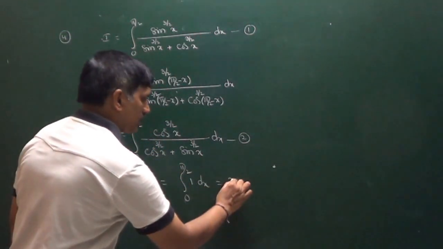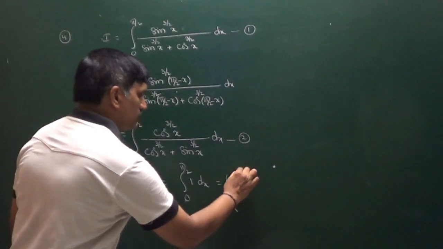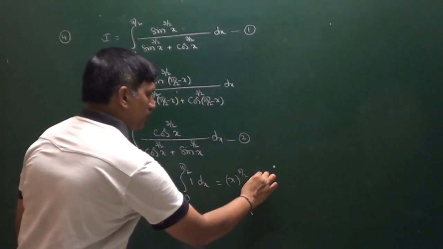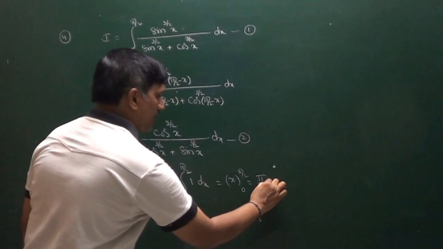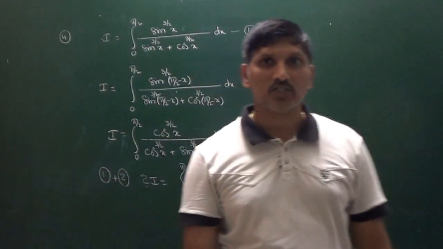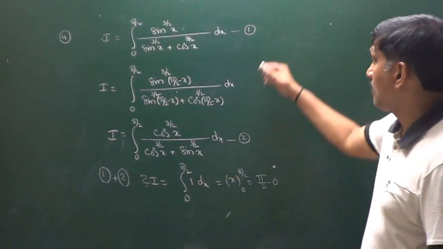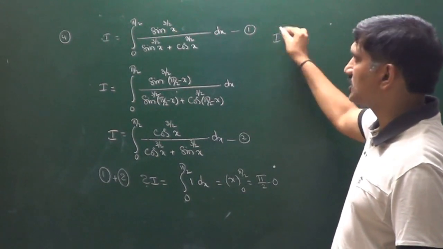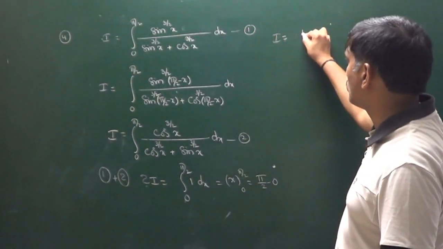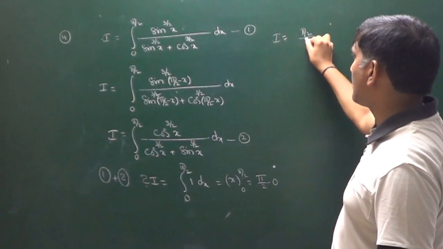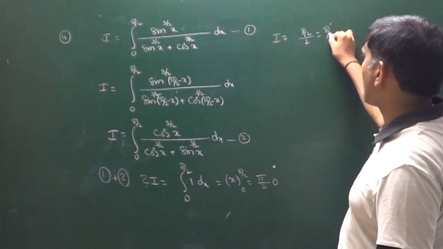Integration of dx is x, with limits from 0 to pi by 2, so you get pi by 2 minus 0 as the answer for 2I. But we require I, so I is pi by 2 divided by 2, that is pi by 4.